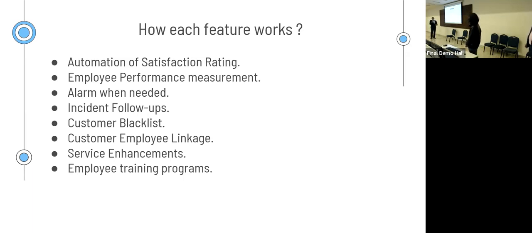Also, customer-employee linkage, because we wanted to guarantee that any face-to-face interaction would measure a high satisfaction rate by the customer. And we also offered service enhancements, since the business knows exactly at what instance of their service a rough shift in the customer's emotions happens, as well as employee training programs, as we illustrated in the videos.